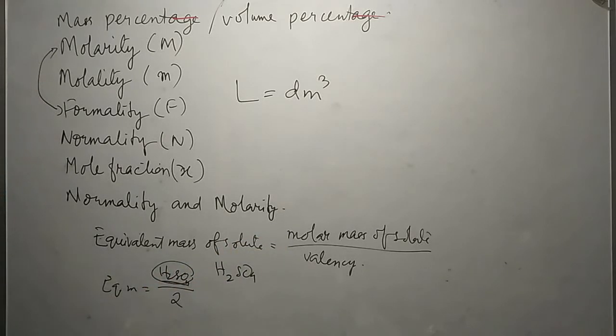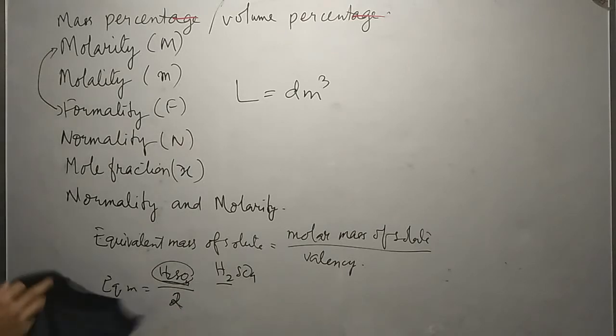Valency is 2, which means basicity, or the number of hydrogen atoms that can be released. Here 2 hydrogens can be released, that's why it is 2.